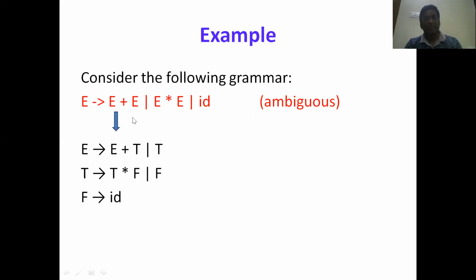So eliminate the ambiguity from this grammar by introducing new variables into the grammar like this. E implies E plus T, where the second occurrence of capital E is replaced by a new variable T, and all the other occurrences of capital E are replaced by T. And therefore it becomes T implies T star T or T. And the second occurrence of T is also replaced by another new variable, let us say capital F. Then T star F or F. And finally, F implies ID.